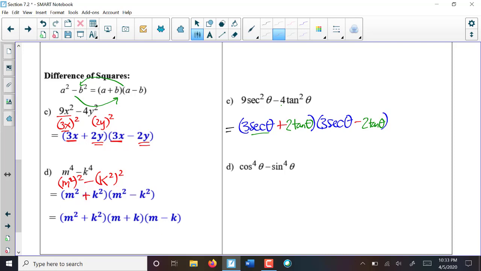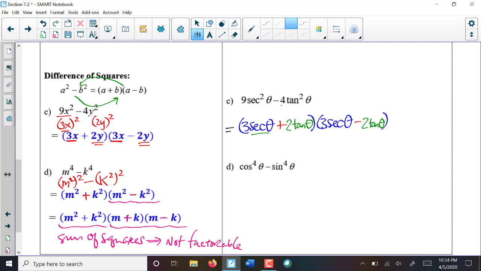So the difference of m squared and k squared. Now, the trick here is, notice that this is another difference of two squares. So it can be factored into conjugates again, sum or difference of terms. Okay, this is a sum of squares, does not factor into real numbers. So we'll just say it is not factorable.